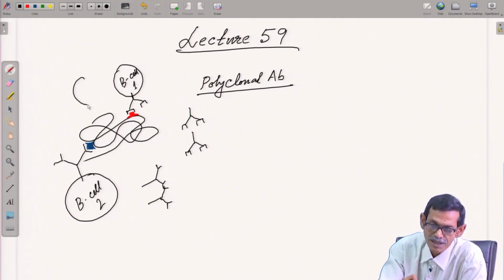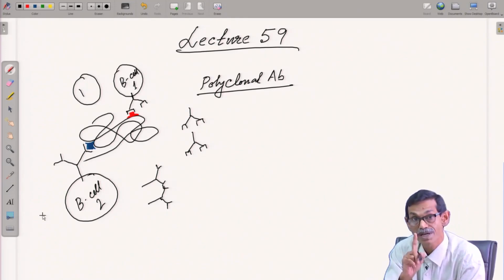So, what will happen then? Another B cell will come. Assume that this epitope is not there, only one epitope is there.